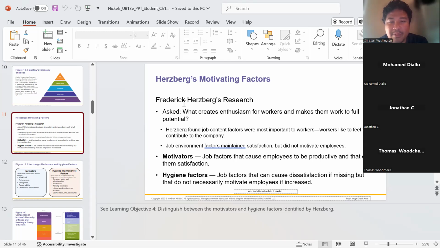He found job content factors were most important to workers being happy, feeling satisfied. So the emotional side of things, the intrinsic factors, he found were more important than the extrinsic factors, which was sort of pay scale, extrinsic rewards.